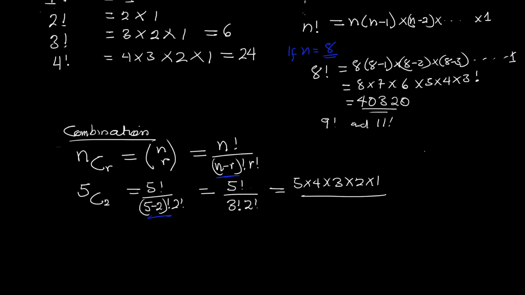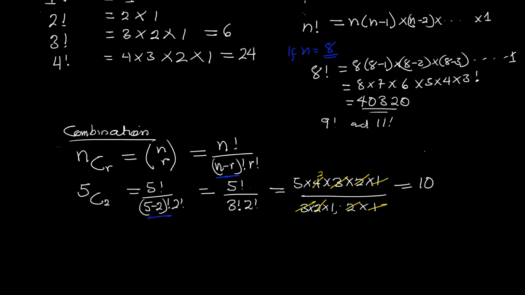So we have 3 factorial as 3 times 2 times 1, times 2 times 1. 2 cancels 2 here, 3 cancels 3, and 1 also cancels. So in a nutshell, this is equal to 10.